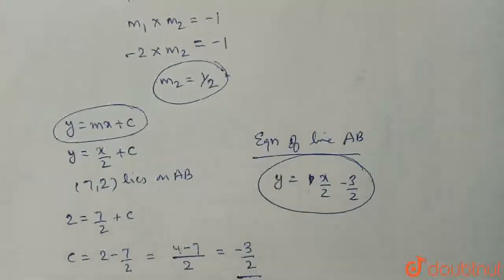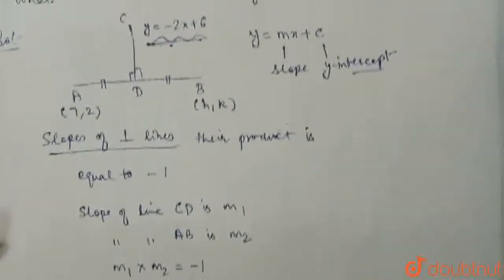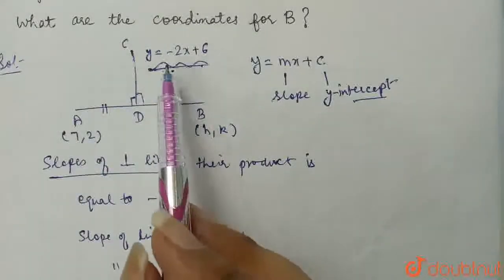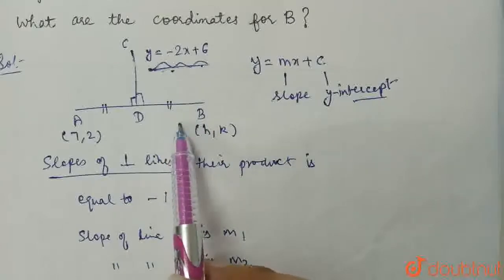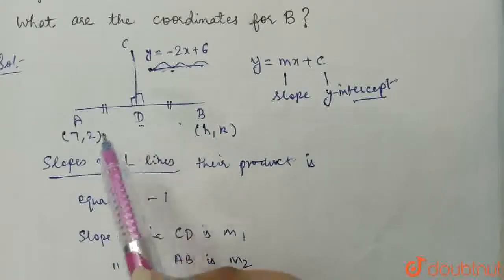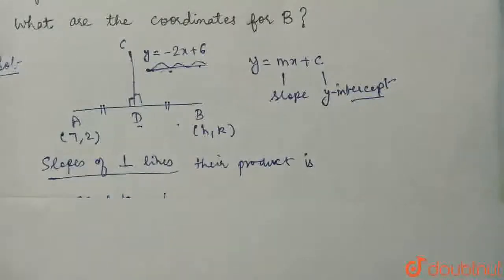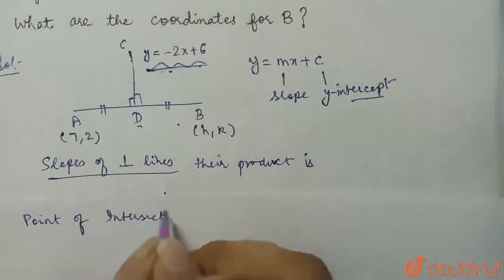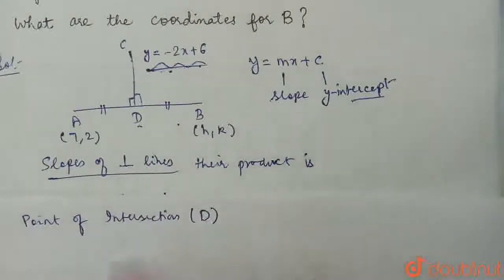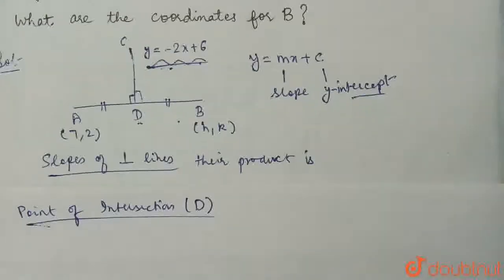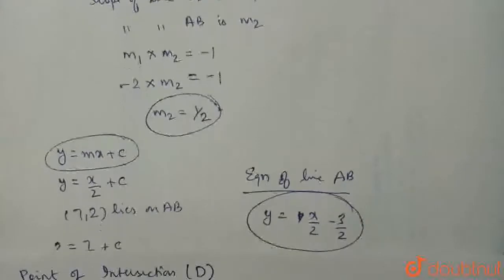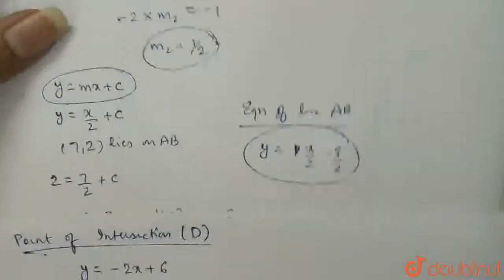So now we know that point D is the point of intersection of the lines CD and AB. And now we know the equation of line CD as well as the equation of line AB. So we can calculate their point of intersection, that is point D, by solving these two equations: y is equal to minus 2x plus 6 and the equation of line AB, which we got as y is equal to x by 2 minus 3 by 2.